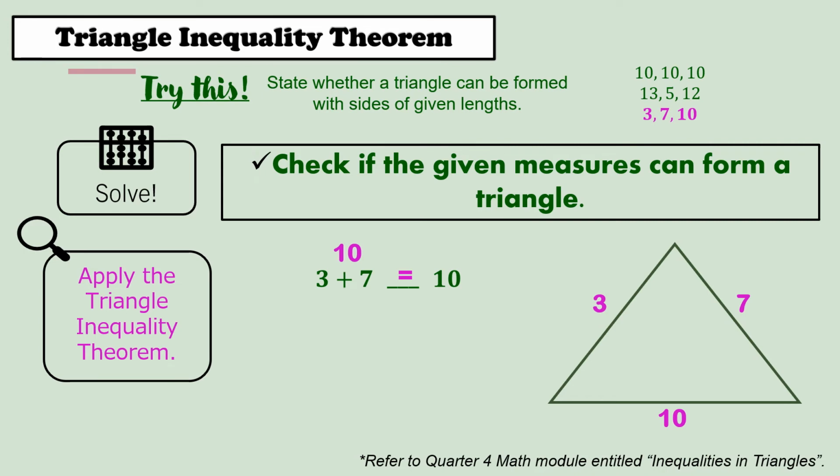The sum of 3 and 10, which is 13, is greater than 7, while the sum of 10 and 7, which is 17, is greater than 3.